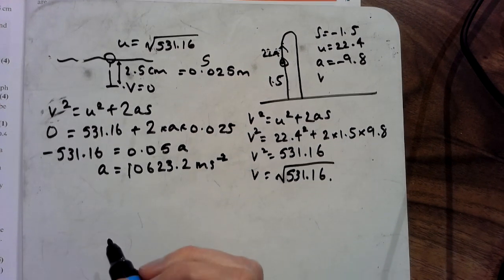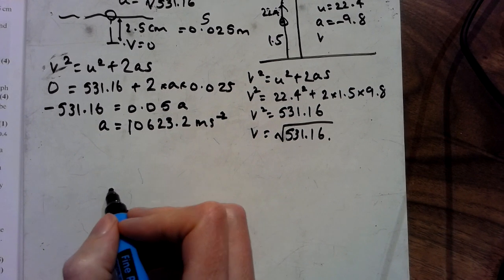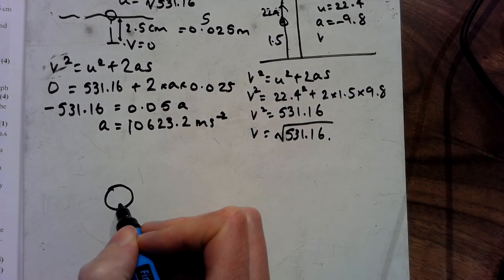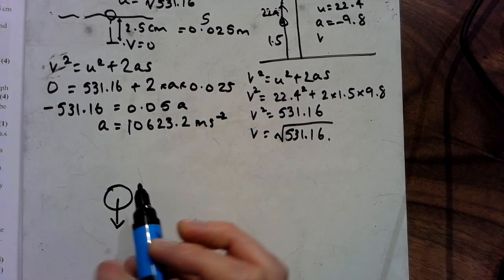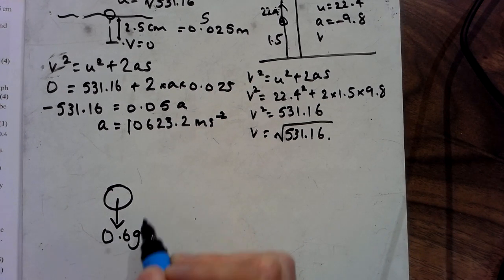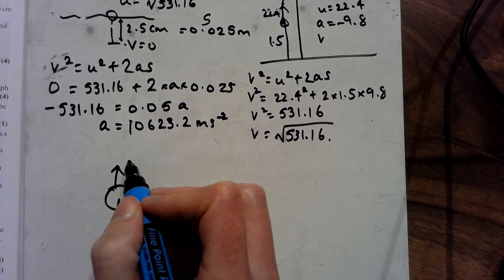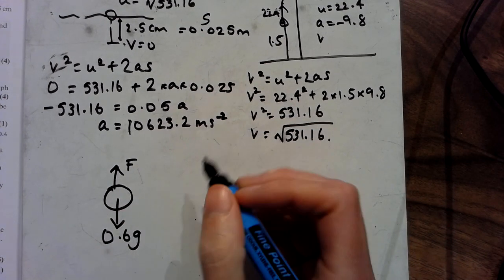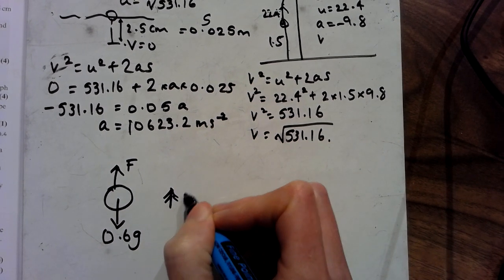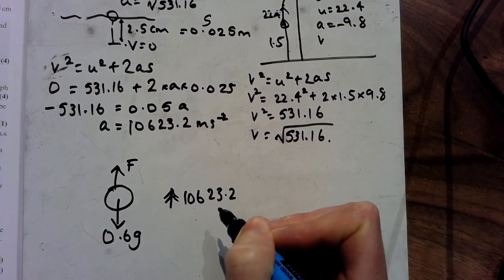So in order for us to find the force, we need to draw a force diagram. So I've got the ball, and its weight is going to be mass times gravity, so 0.6 g. The resistance force we need to find, and the acceleration is up at 10623.2, or if you like, down is negative.